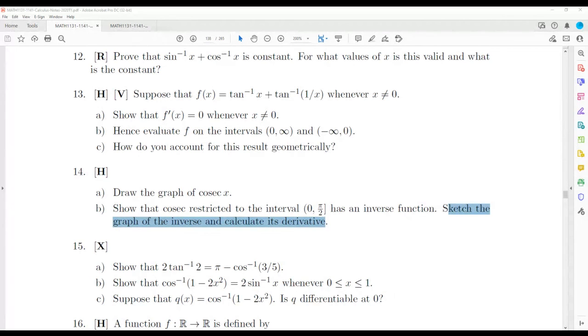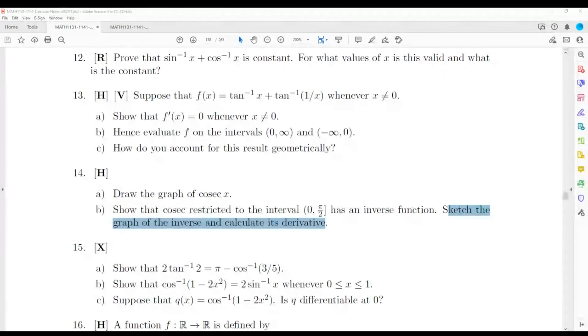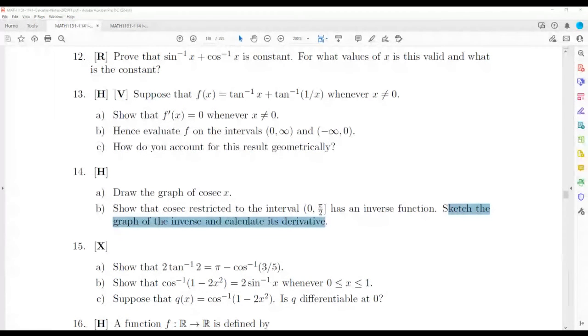Show that cosec restricted to this interval has an inverse function. I'm just typing some stuff here. I'll bring it up in a minute when I've got it going.